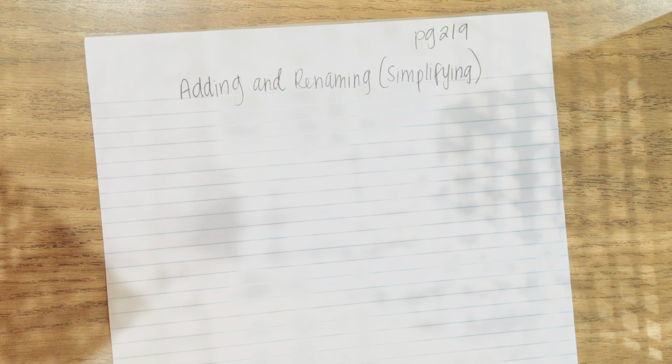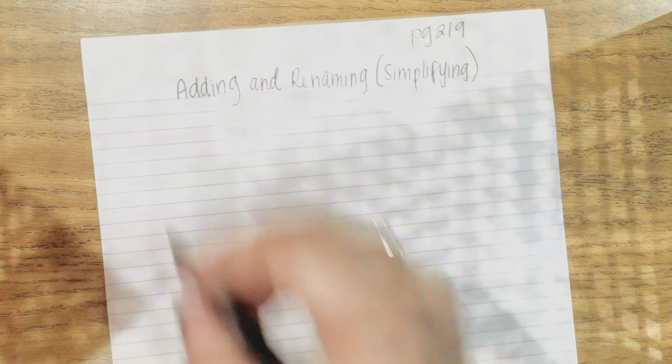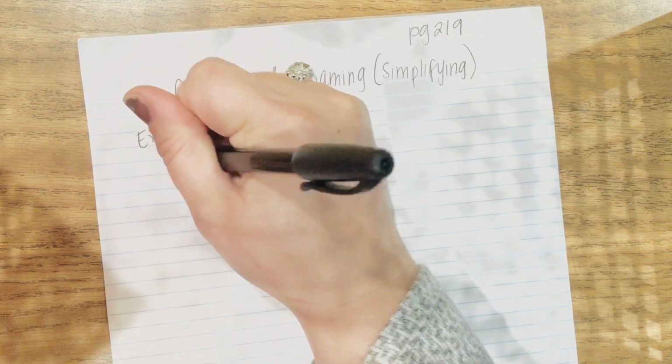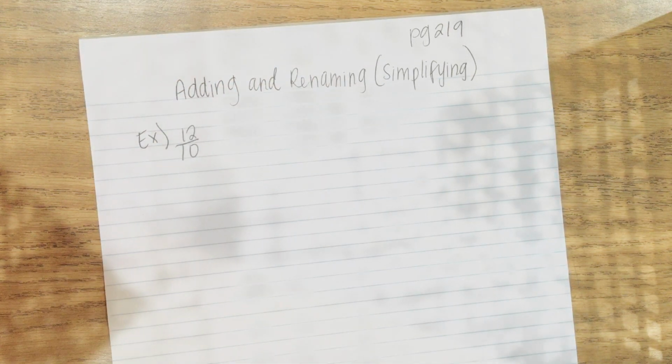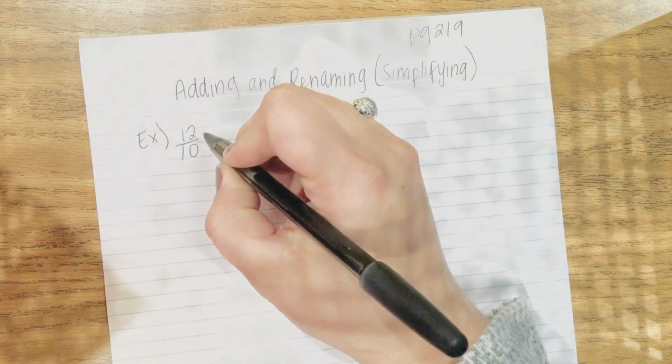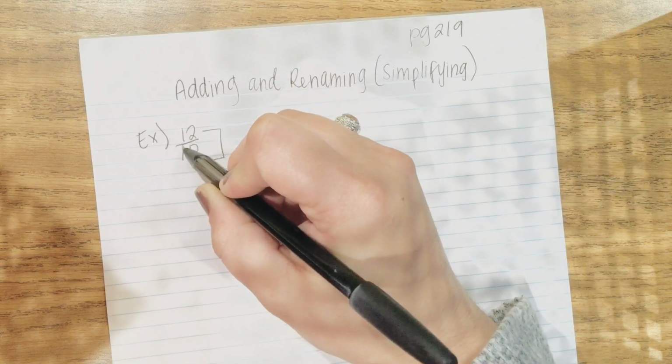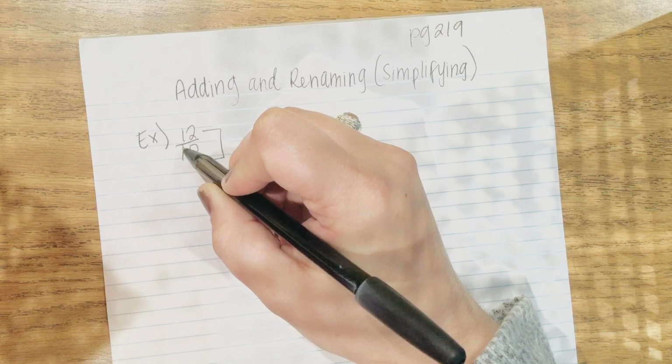Okay, so just a reminder, if we have, for example, 12 over 10, we know that that is an improper fraction. For those who weren't here last week, this is a quick lesson on how to change this improper fraction to a mixed number.